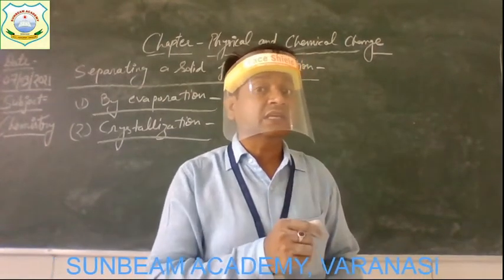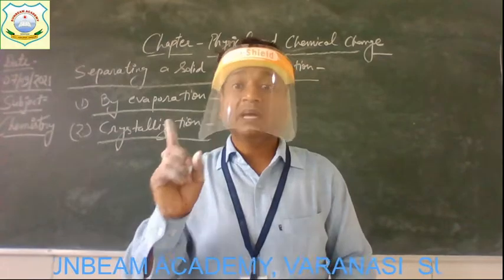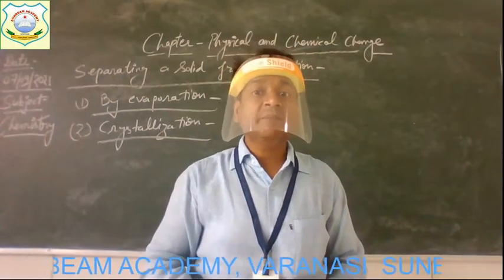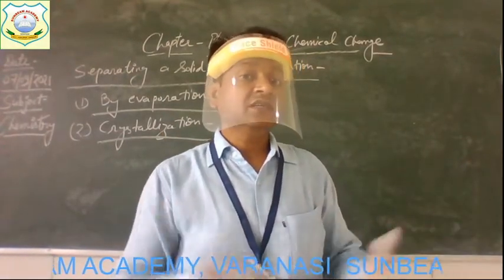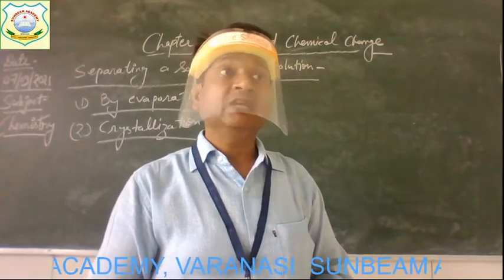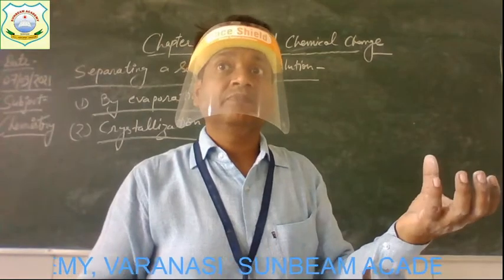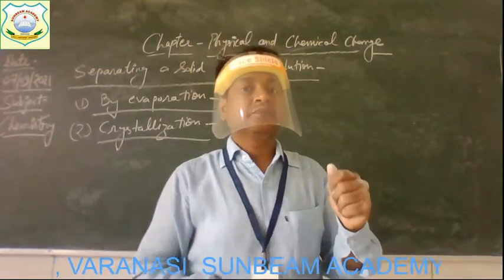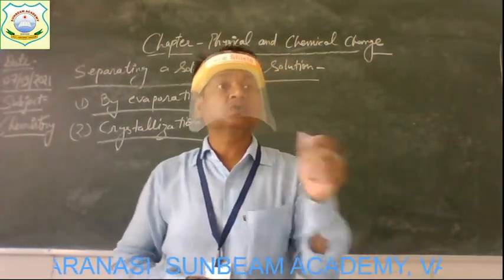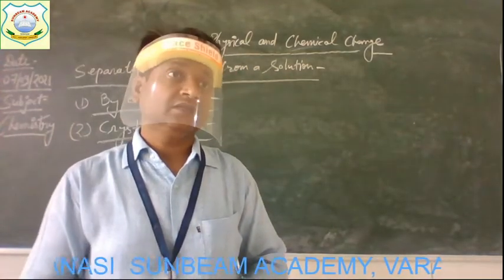So what will you see? You will see that sugar grains have the same basic shape, that is the shape of a cube. You can see almost all the sugar grains are cube in shape. Now, these cubic structures of sugar are called crystals.